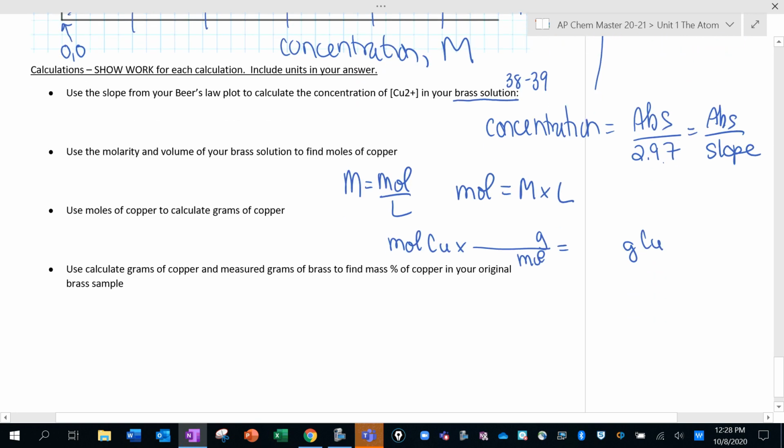Then once we know grams of copper, our goal is to find the mass percent. So we take our calculated grams of copper and divide it by the grams of brass, which is the very first piece of data we collected way back here at minute 1. And that will give you a mass percent of copper.